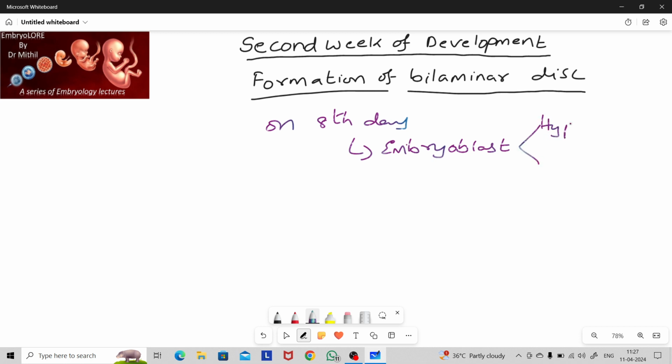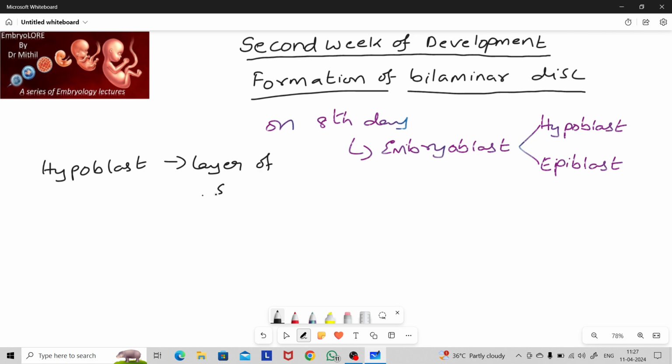So the names have to be understood here: the hypoblast and the epiblast. Hypo means below and epi means above. The hypoblast is a layer of small cuboidal cells.